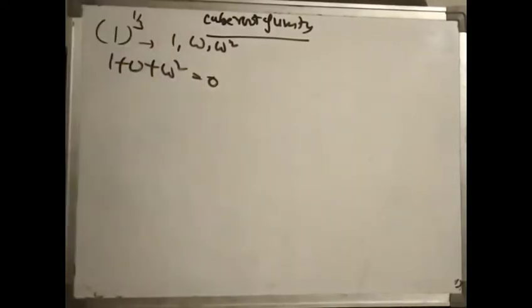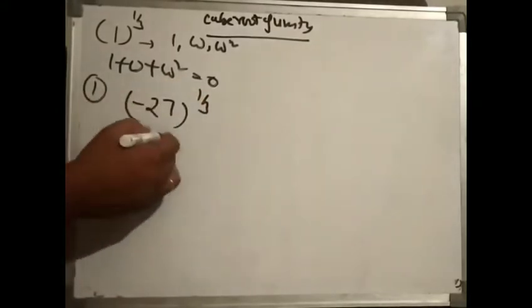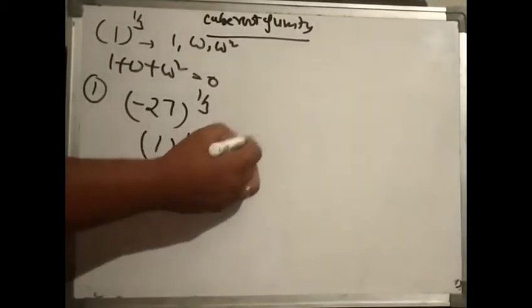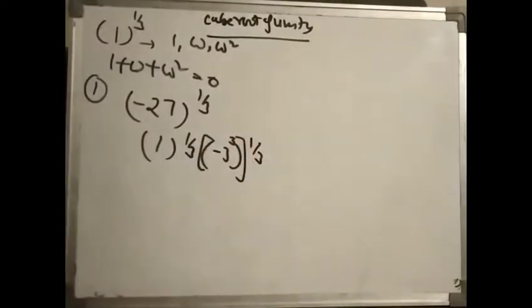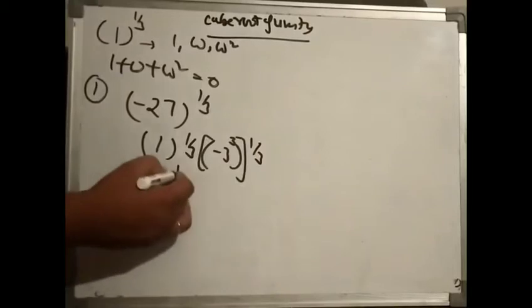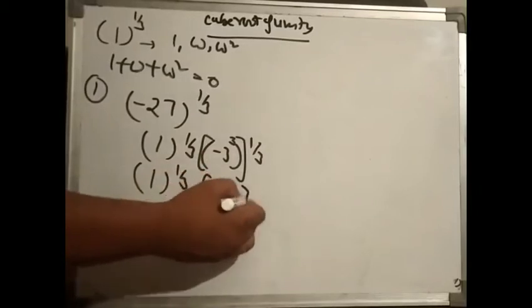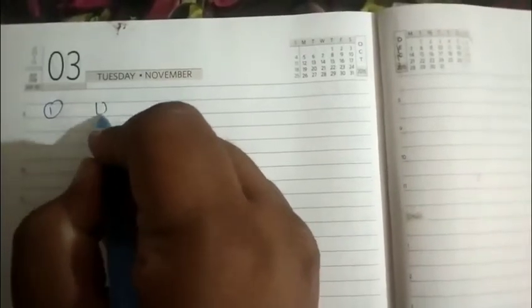Now look at question number 1. Find the cube root of minus 27, power 1 by 3. This can be written as 1 to the power 1 by 3 into minus 27 to the power 1 by 3.